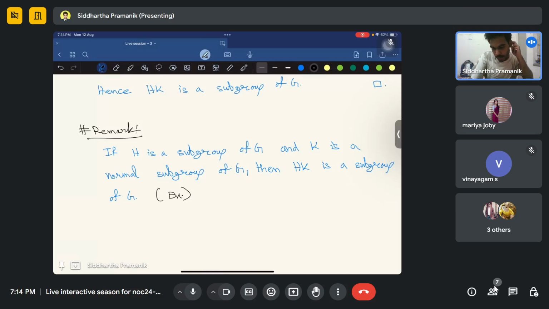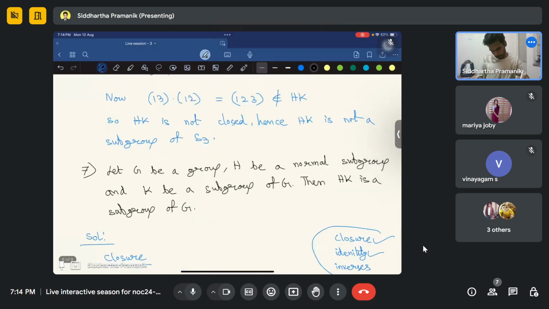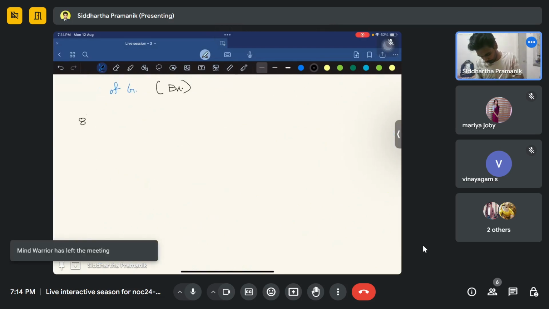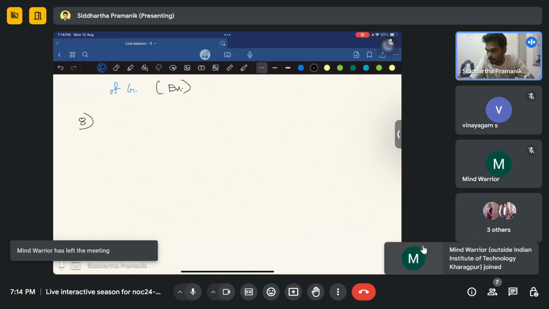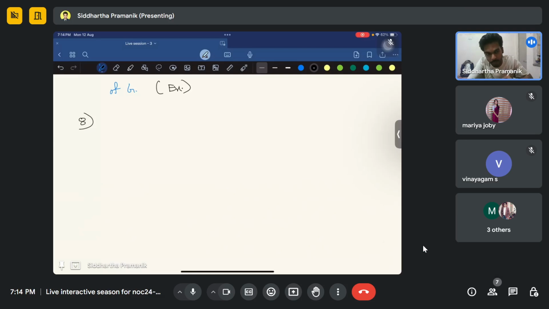Okay, now let's try to see some examples of normal subgroups, some concrete examples. So this is problem number 8. The problem is you need to determine which of the following are normal subgroups. So let me write this down.